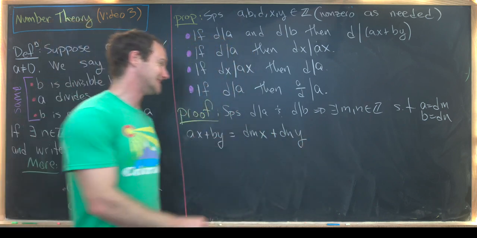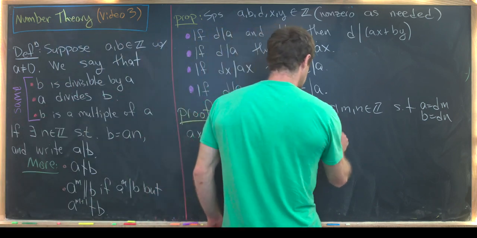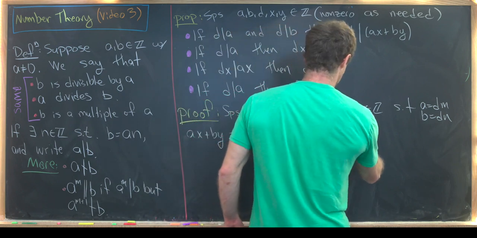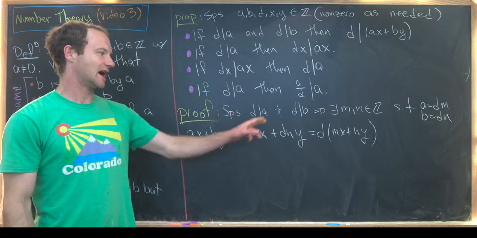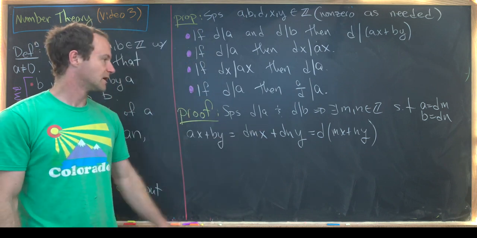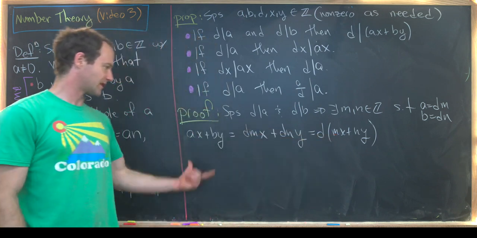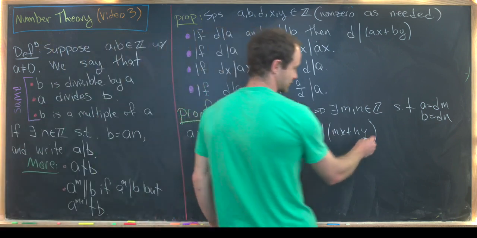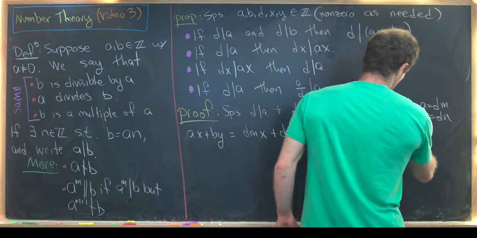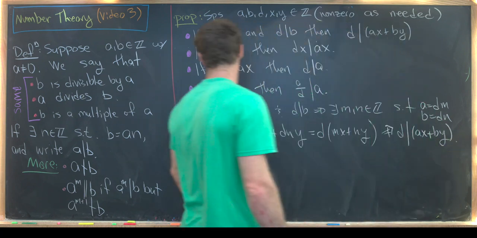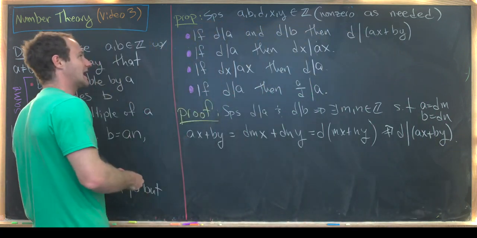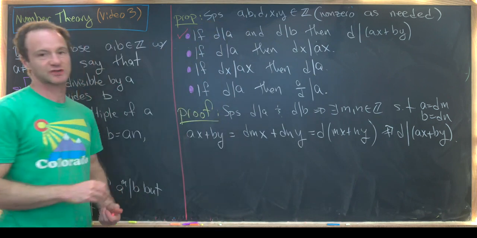We can factor a d out of that and see that we get d times (mx plus ny). But now notice that's d times some number. But if that's d times some number, that means d divides this object right here. By the definition, we have d divides ax plus by.